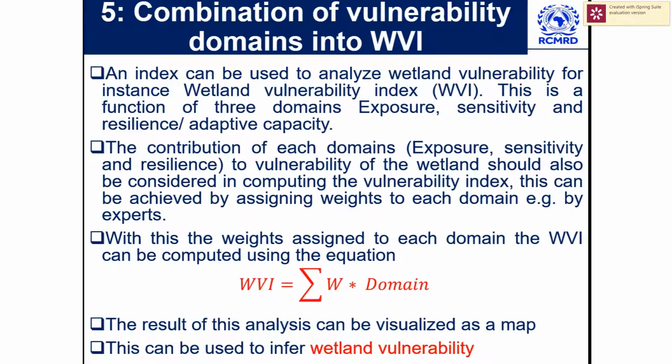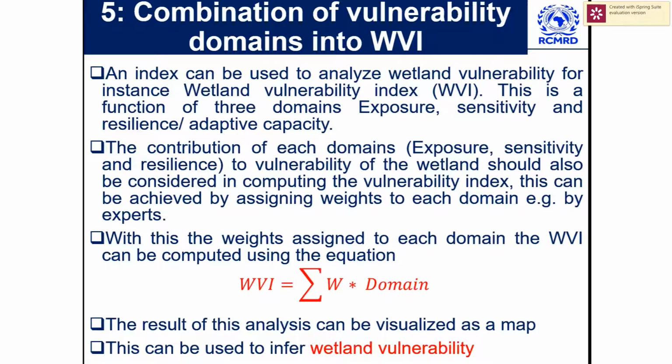Now, after generating the exposure, sensitivity, and resilience layers, you go ahead and generate the wetland vulnerability index. Based on the location of a wetland, not all the exposure, sensitivity, and resilience layers carry equal weights.